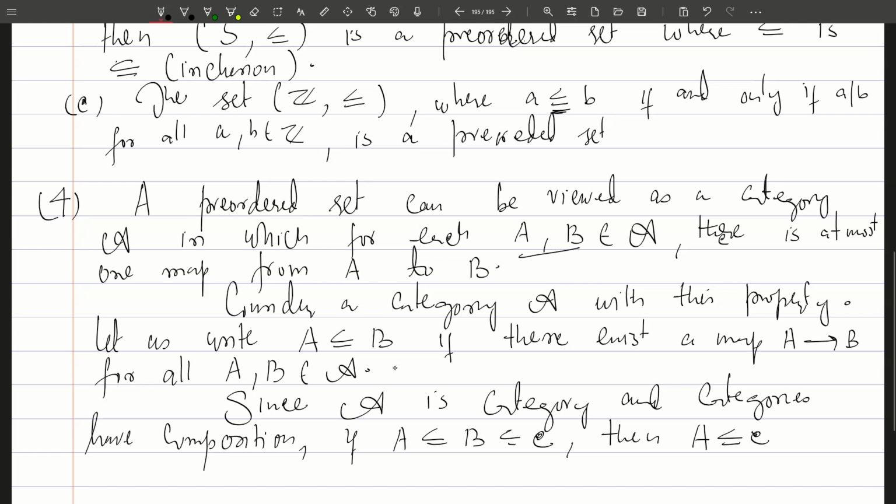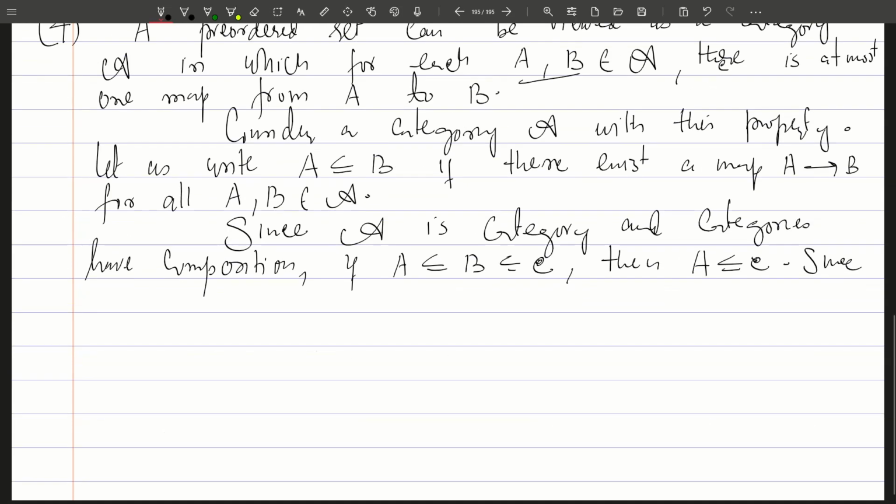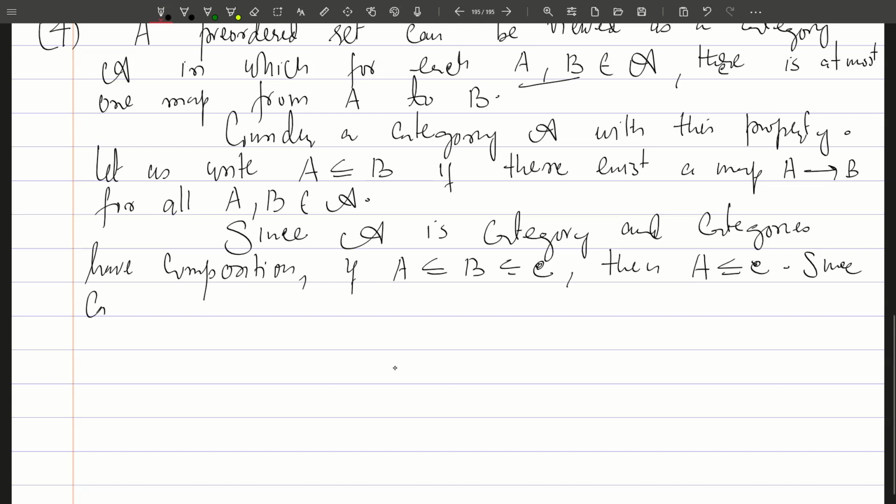This is true for all A, B, C in the category. Since categories also have identities, we have A is less or equal to A for all objects A in the category.